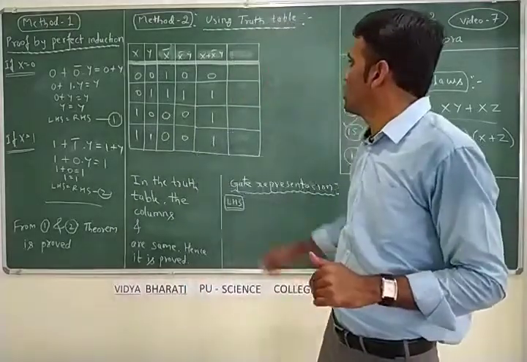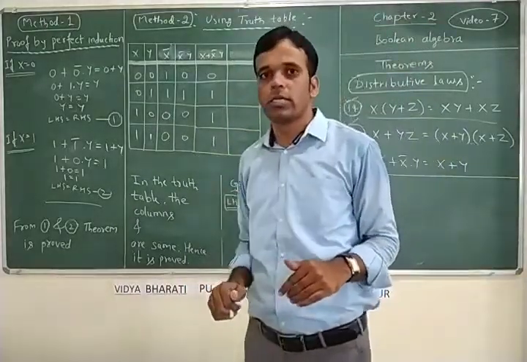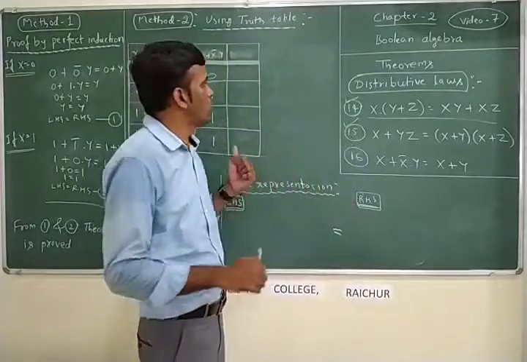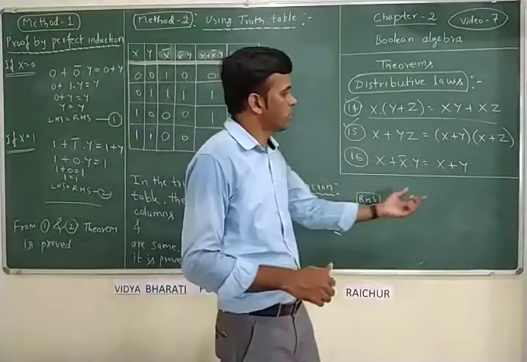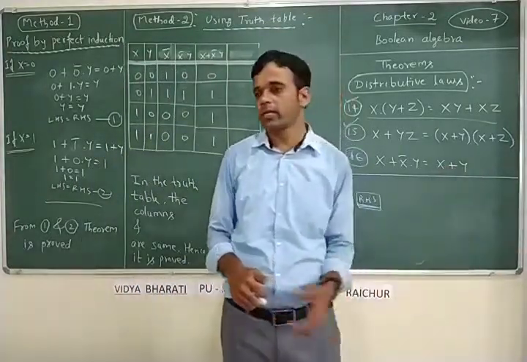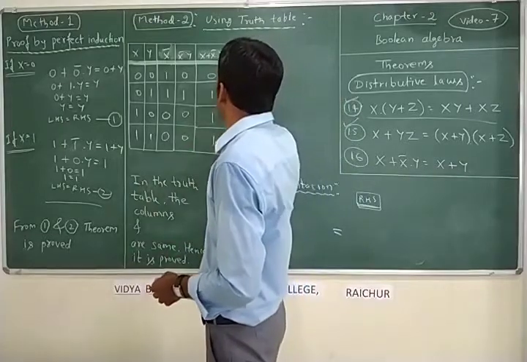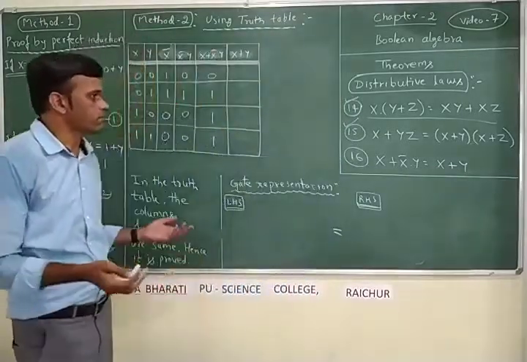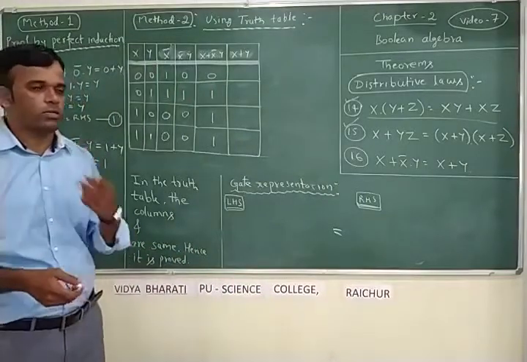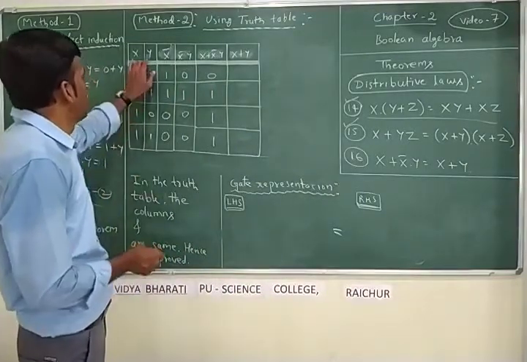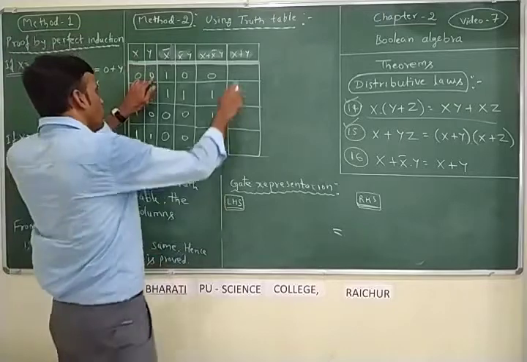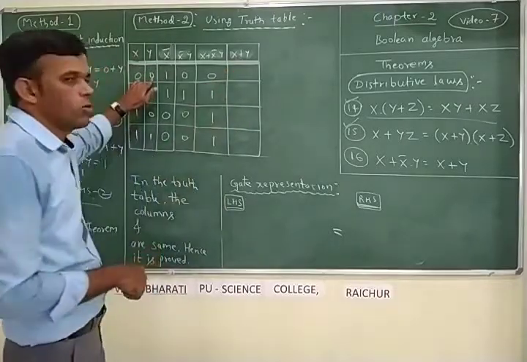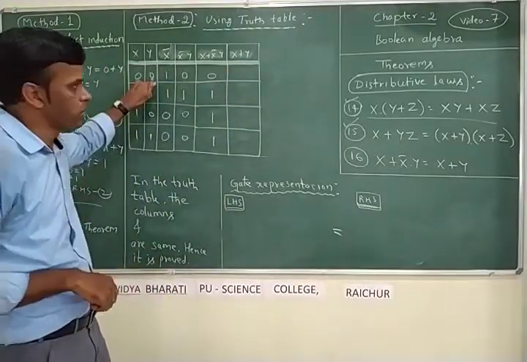So you got 0, 1, 1, and again we have to get the same 0, 1, 1 for x plus y. So that side it is very simple, just x plus y here, the OR operation between the two variables. Okay, so x and y columns, and we have to go for the OR operation. So both are 0, then only it is 0.